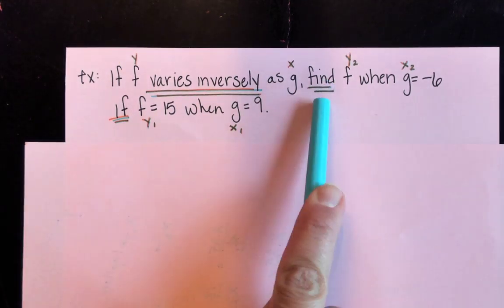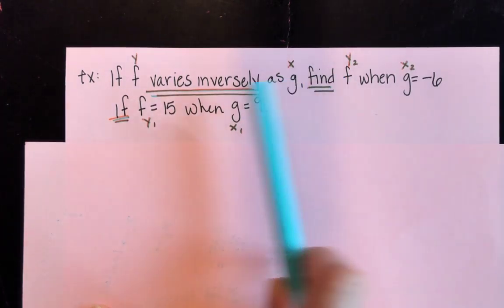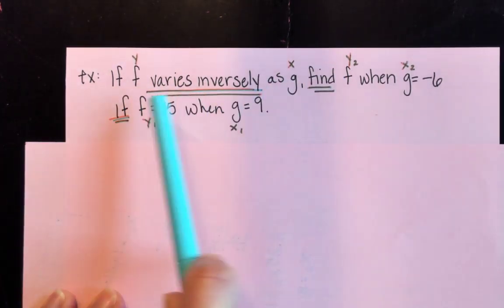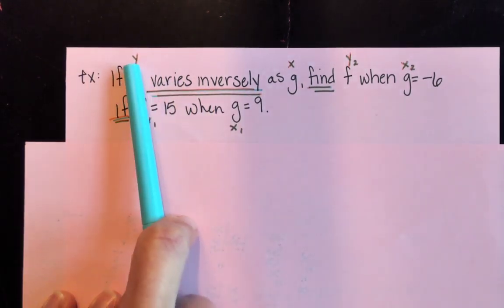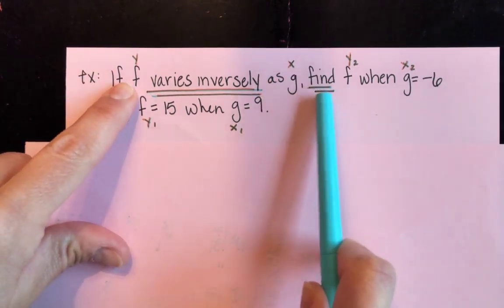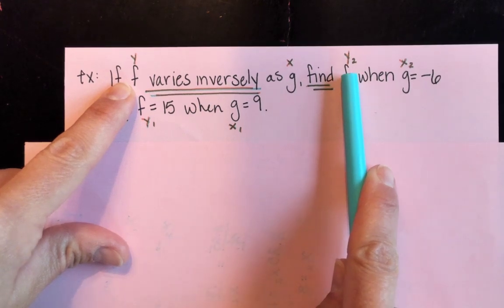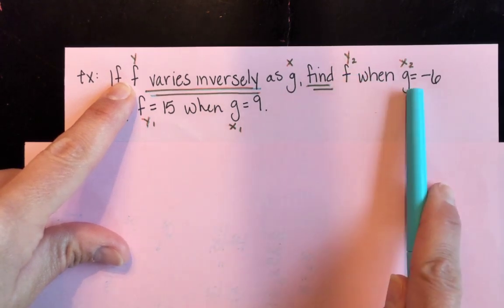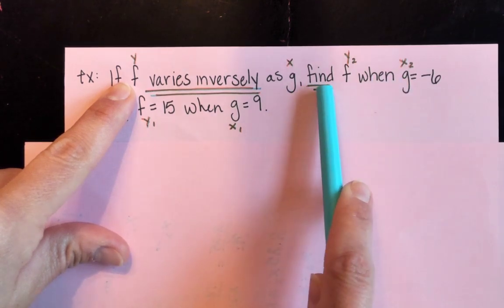Here's our conclusion. Here's where it says what we want to know. So notice how when I started this up here, as we determined what it said varies inversely, f was my y. The second one was my x. So that means if I'm with this find, my y2 is what I have to label here, and my x2 is what I have to label here, because this is part of what I'm looking for.